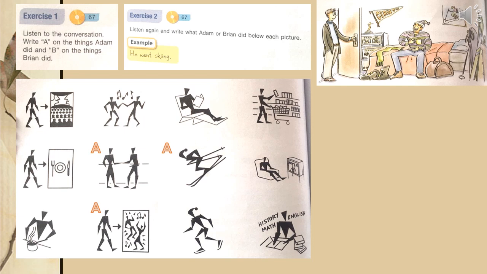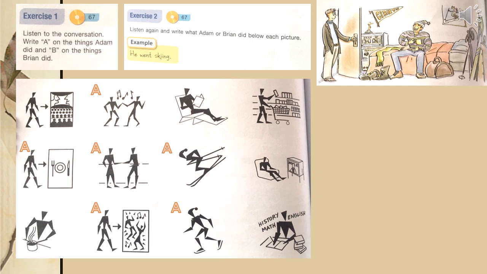The next thing that he did was he danced. Then he went ice skating. The next thing that he did was eat at a hotel restaurant.